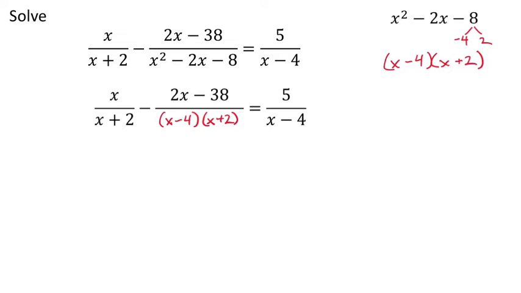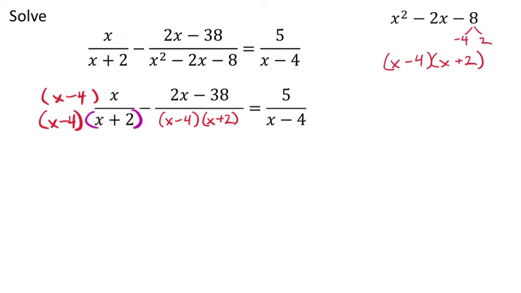So what I'm going to do is force all of the denominators to be the same. For example, this denominator has x minus 4 and x plus 2. This one right here has x plus 2, but it's missing an x minus 4. So I've got to apply it to both the denominator and numerator. Once we get those denominators to be the same, we can ignore them.